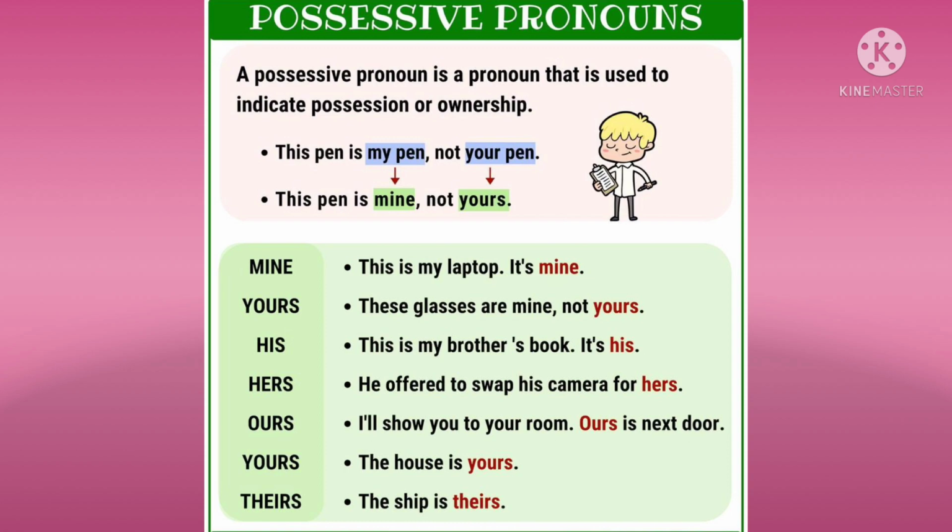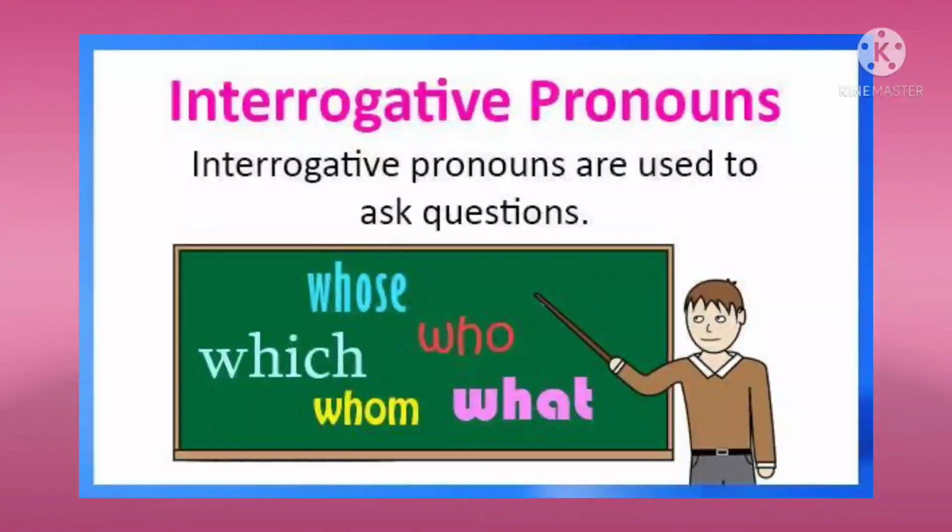Now we come to the third type of pronoun, that is the interrogative pronoun. Interrogative pronouns are used to ask questions. In the very first chapter on sentences, we came across this word interrogative. The word interrogative means asking questions. When WH words, you can see whose, which, who, whom, what.